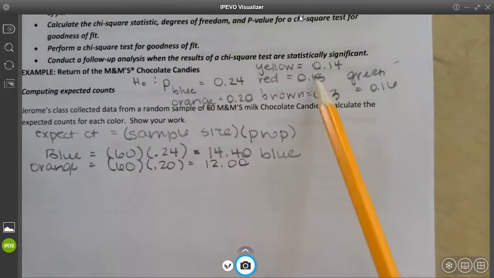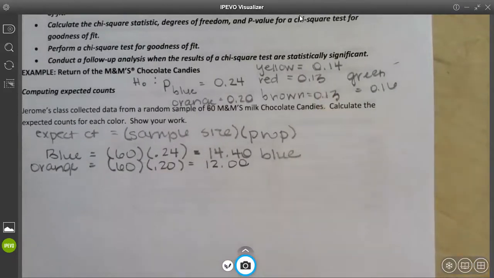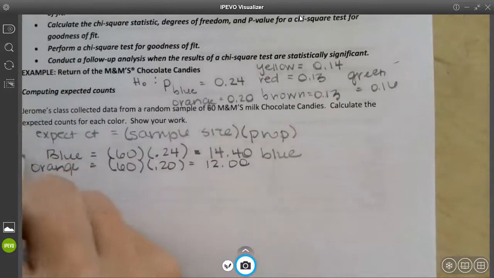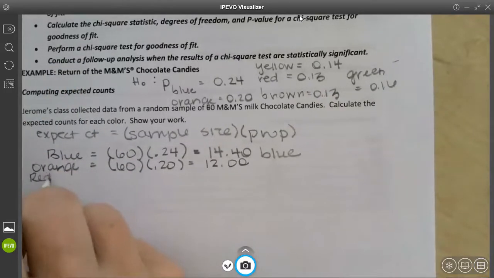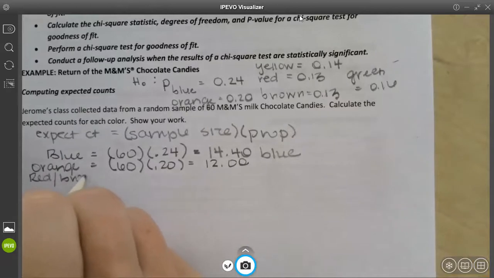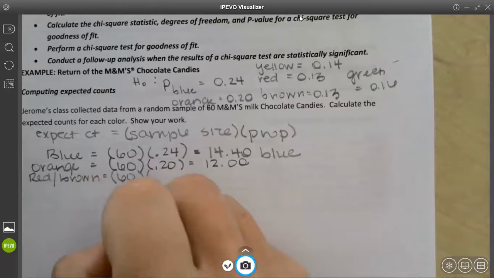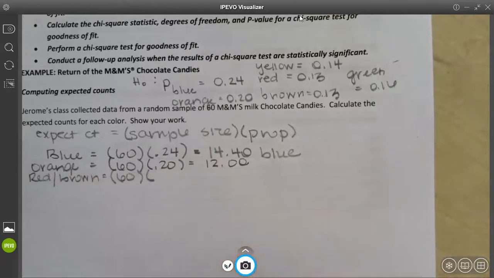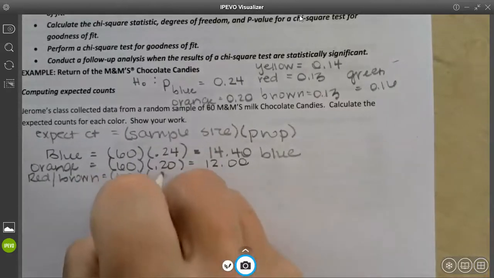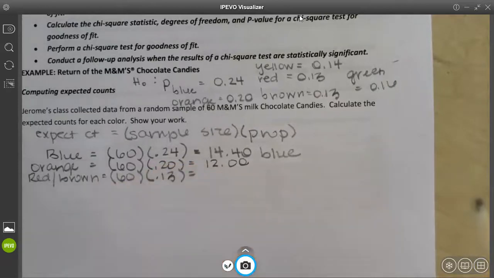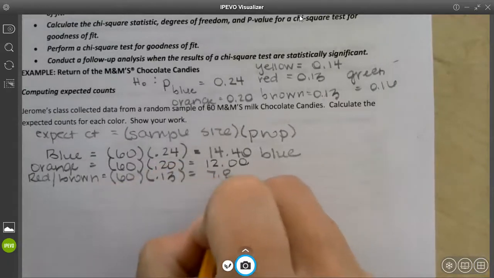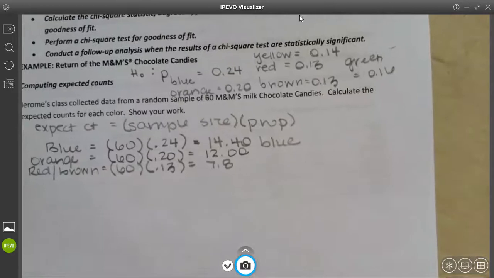I'm going to do red and brown together because they were both 0.13. It's perfectly fine doing it like that as long as you label it. 60 times 0.13 would give us 7.8 of each of those.